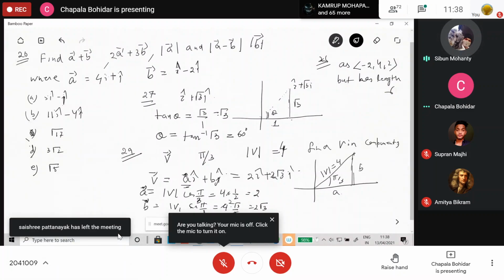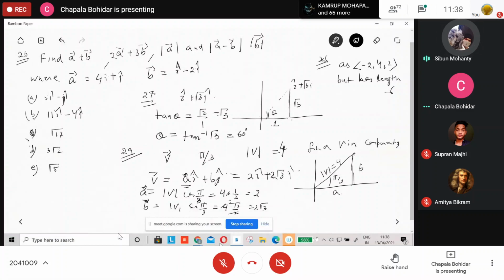Multiply a scalar with the vector minus 2, 4, 2 and find the length equal to 6.